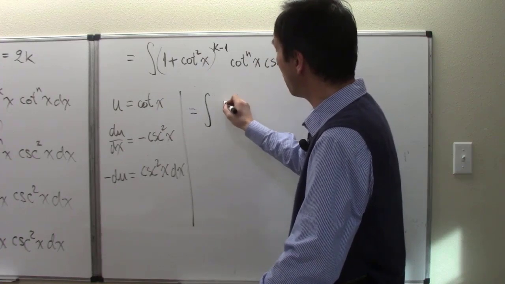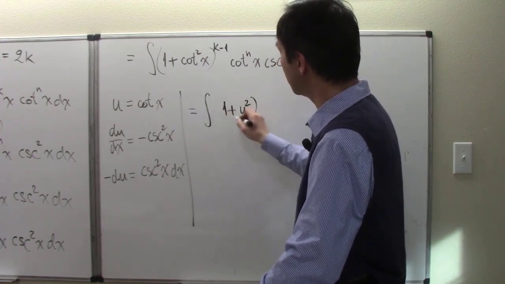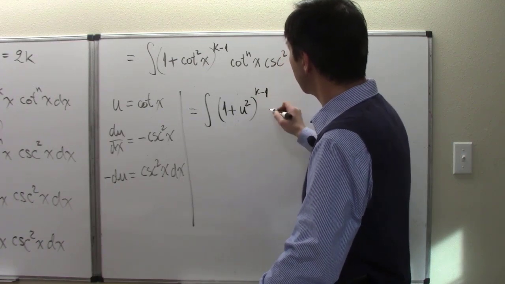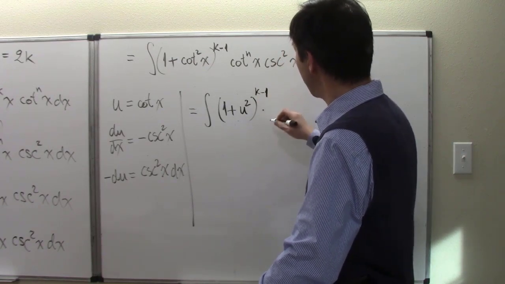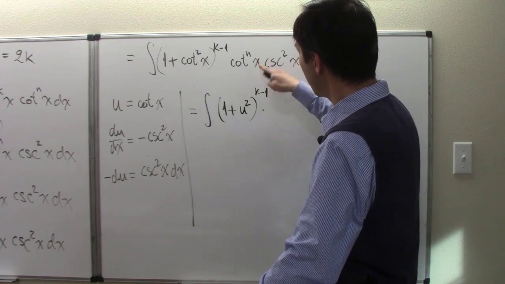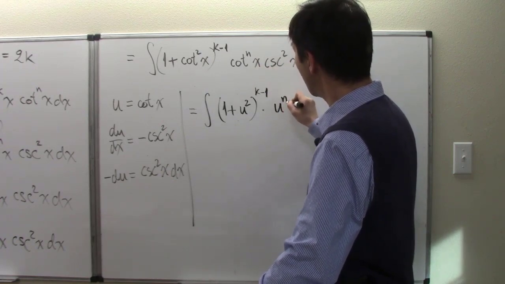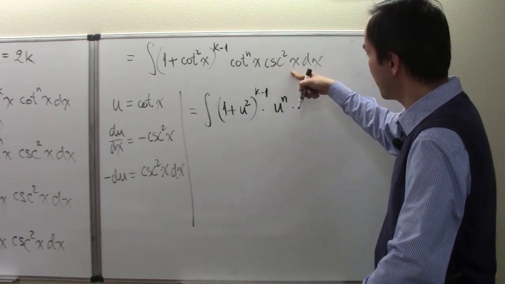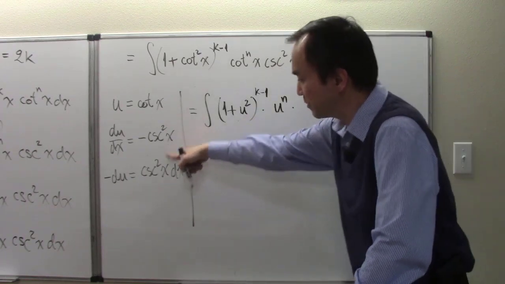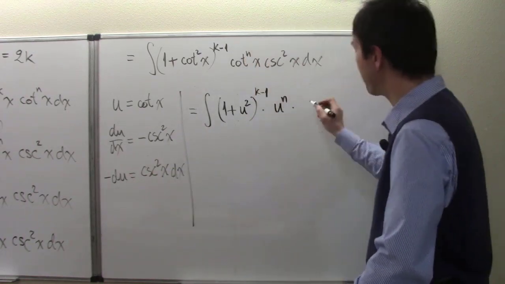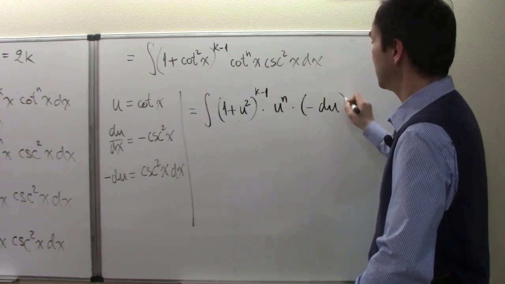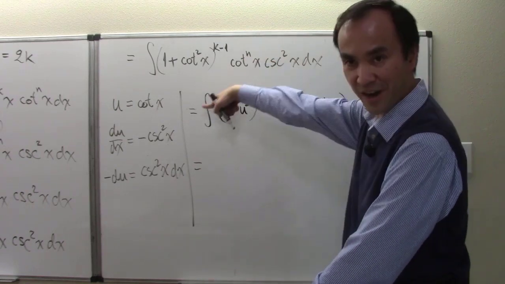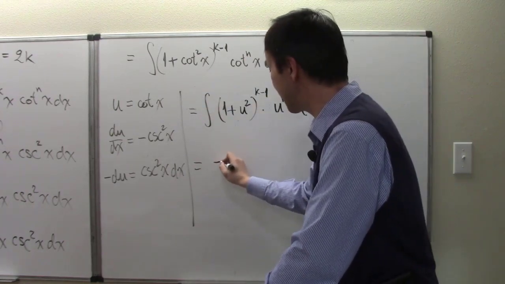So I have 1 plus u squared raised to the power of k minus 1 times u to the n substituted for cotangent to the n of x. And now cosecant square of x dx will be substituted by a minus du. And so in the overall integral, I can now bring that negative sign in front as a coefficient, making it a negative. Okay?